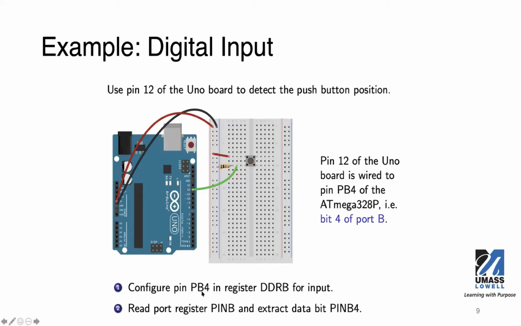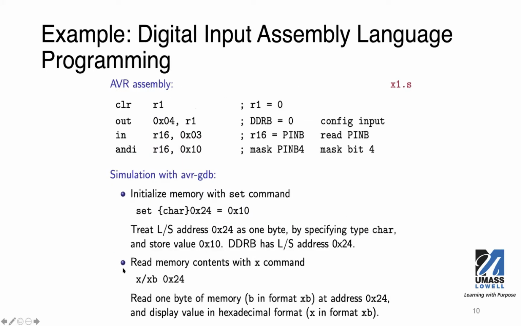So the first thing we need to do is configure bit 4 in DDR-B so that the pin will be used as an input. And then once we have that configured, we can read the port register PINB and extract the bit from it, and we only look at bit number 4, or index number 4. Okay, so that's what we're going to have.